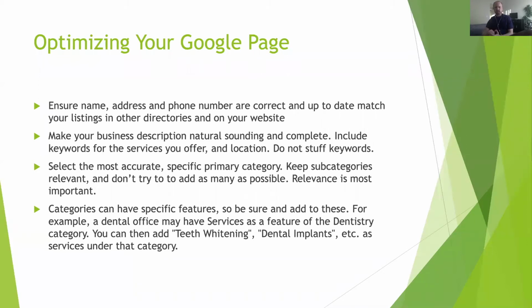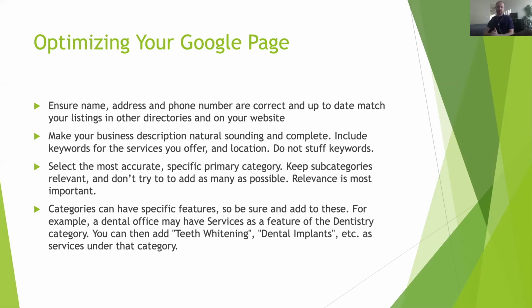The next thing you'll be able to do is add categories. And you'll be able to add a primary category and then some subcategories, or secondary categories. For the primary category, you'll want to select the most accurate, specific primary category you can that describes your business. And for the subcategories, you'll want to make sure they're, of course, relevant, but you don't want to necessarily add a bunch of subcategories.